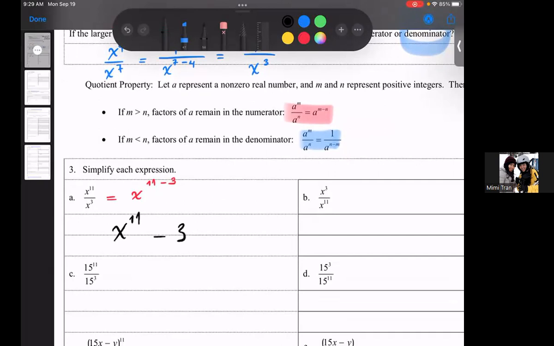These are 2 different things, right? This is the whole function, subtract 3. This is just what function. So x to the 8. It's actually over 1, but we don't write that, right?